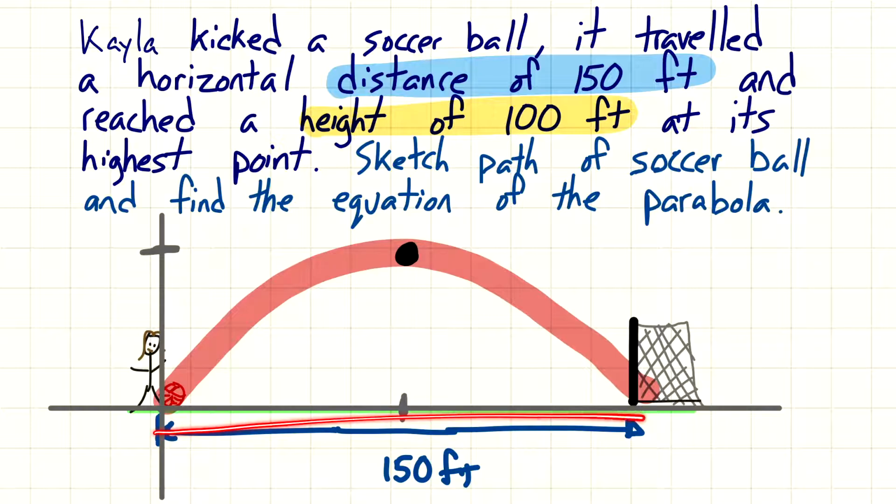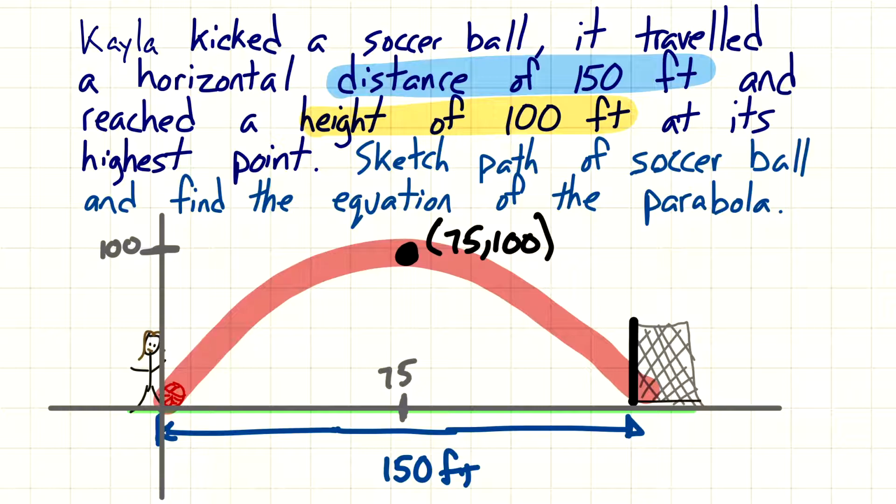Now the total distance is 150, but the vertex is right in the middle. Don't forget, this parabola is symmetrical. So I need half of 150. So this is going to be 75. And how high is the ball? Well, it says a height of 100. So that means our vertex is going to be at 75, 100.